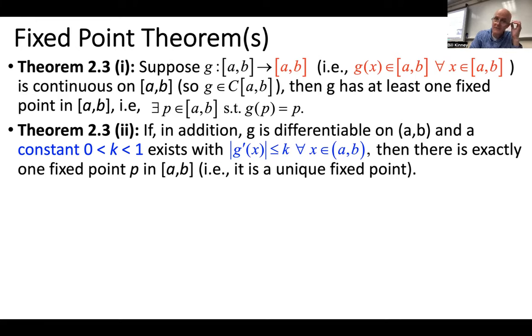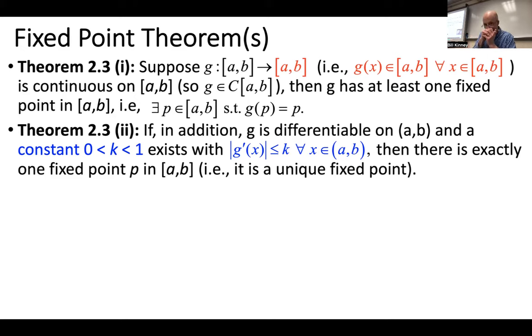There's exactly one. It's not labeled this way in the book, but some people say in this situation, when G has a derivative whose absolute value is small, K is a small number, between 0 and 1, positive and less than 1, G is sometimes called a contraction mapping. Contraction mapping, because it's kind of like shrinking the interval from A to B. It's guaranteed to shrink it, so to speak, because its derivative stays small in absolute value.